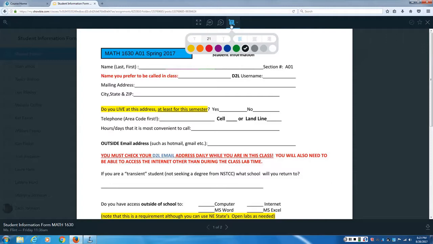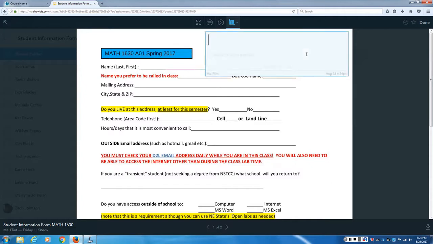This, I can add a text box, and this can be any of the different kinds of colors of type that I want it to be, but I may want to add a text box. And then I can type in it. A comment box usually is the same as a text box, except if it's a comment box, I'm either answering your question in just a few words.